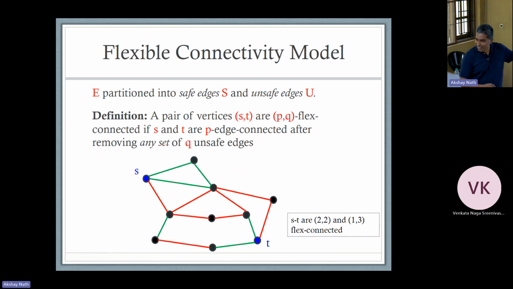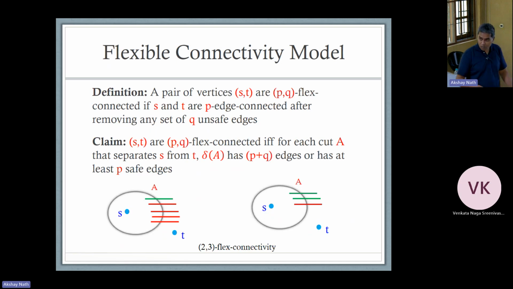It's not easy to verify this one. And I also claim that they are (1,3)-flex connected. That means even if you remove three edges, there's still one connected. So how can you verify this? You can do a Menger's theorem kind of characterization.